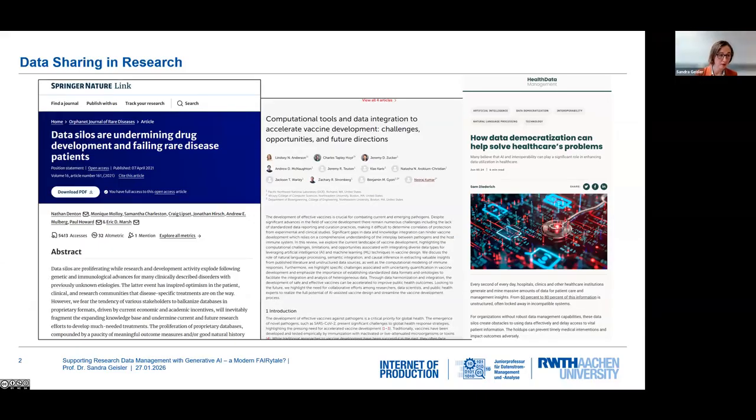For example, in biomedical research, and not only there, we face problems of data silos. Many people have isolated data, often described in non-standardized or different ways, and it's hard to exchange that data and drive innovation in these fields.